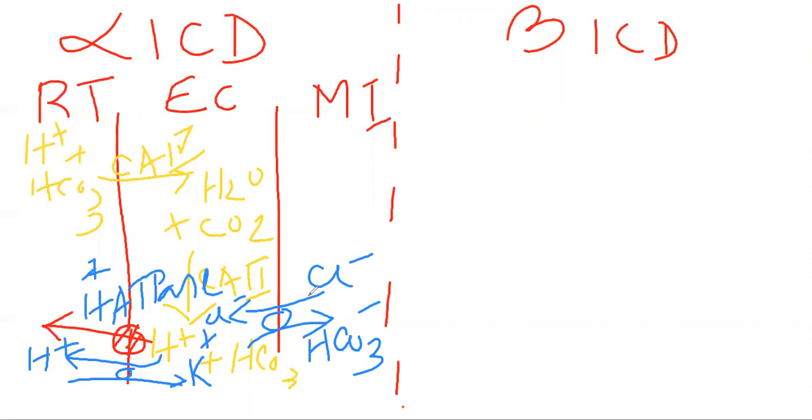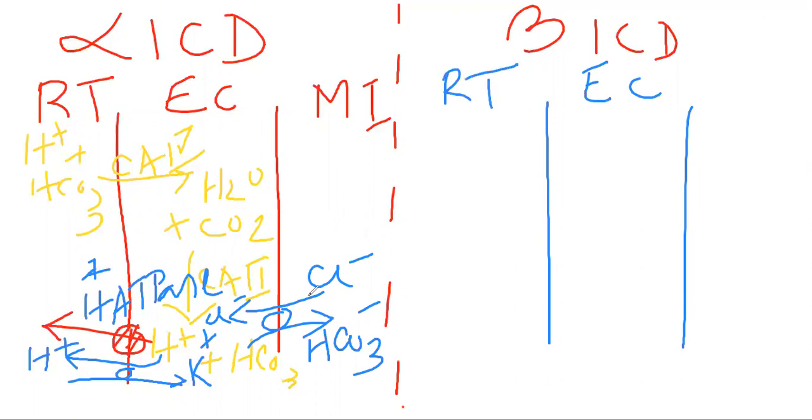Now come to the beta intercalated cell function, how it will work. To understand this, again we have to divide the zones. First it is the epithelial cell, here it is the distal part of the nephron, the renal tubule, and here it is the medullary interstitium. So what happens when hydrogen ion and bicarbonate reach here?